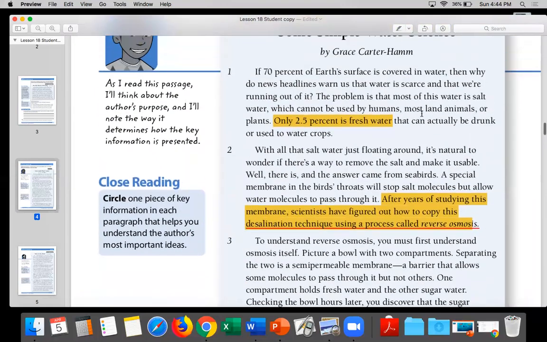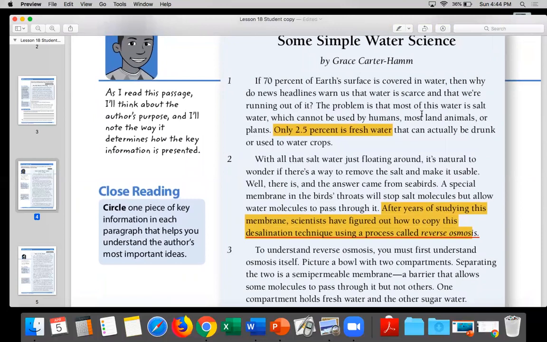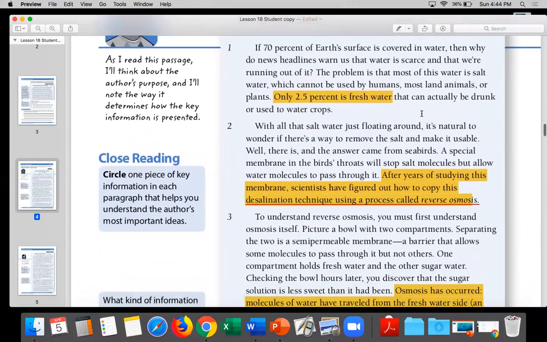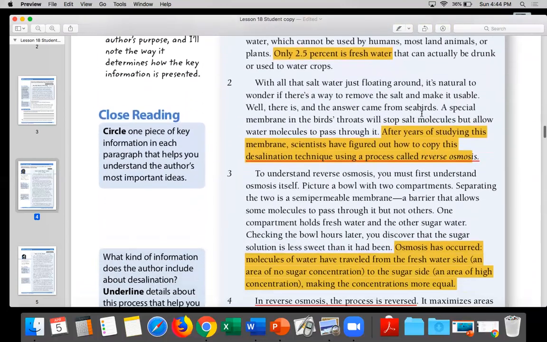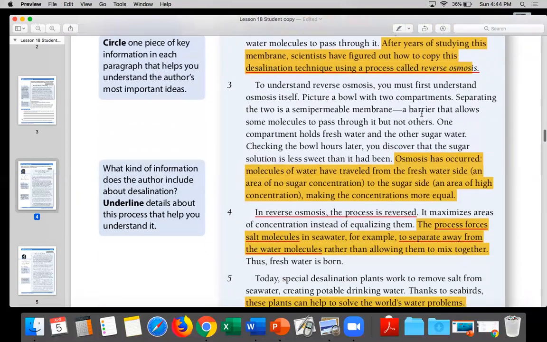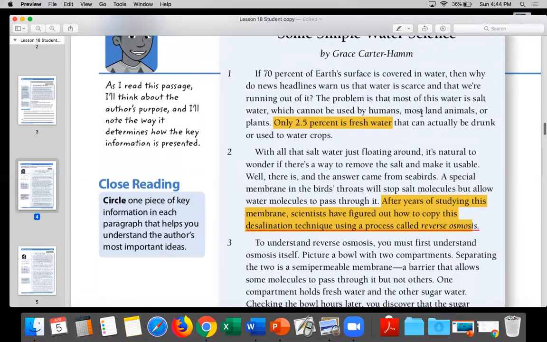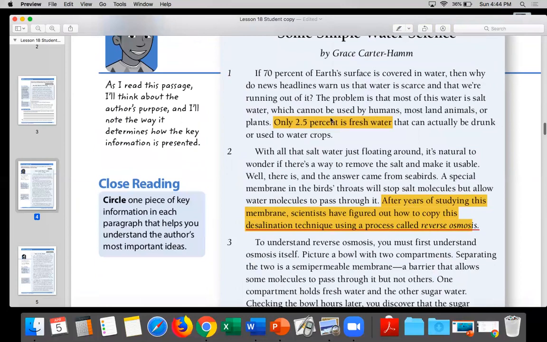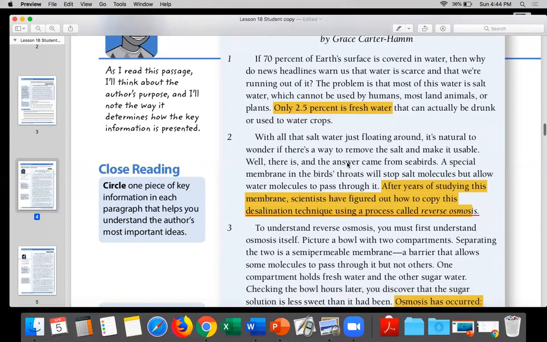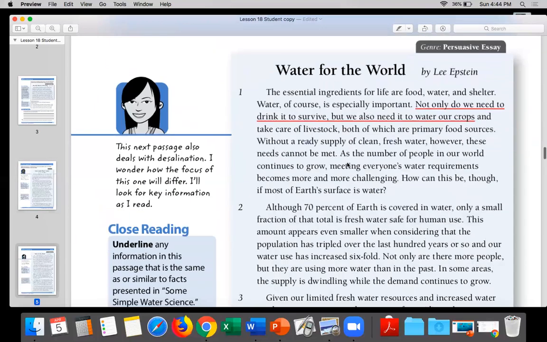Okay, let's see where it talks about that. Most of this water is salt, which cannot be used by humans. Oh, here it is. Only 2.5% is fresh water that can actually be drunk or used to water crops.